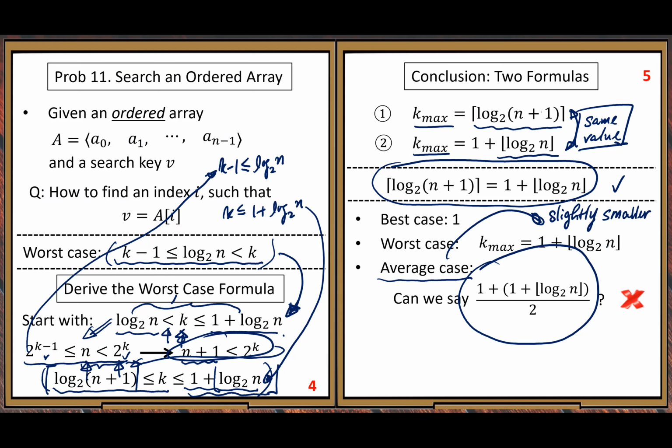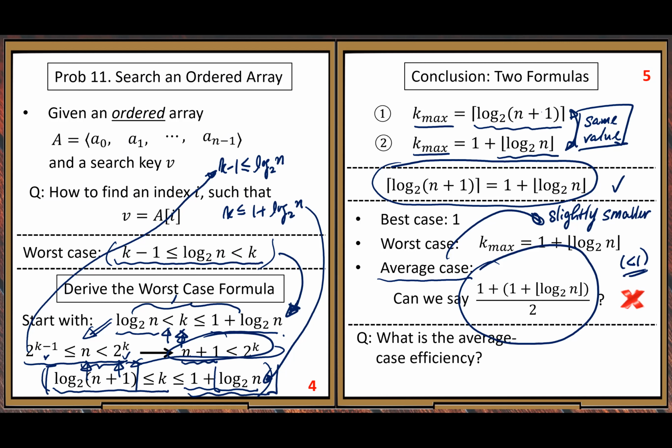The difference is less than 1. But the question is, how to calculate the average case?